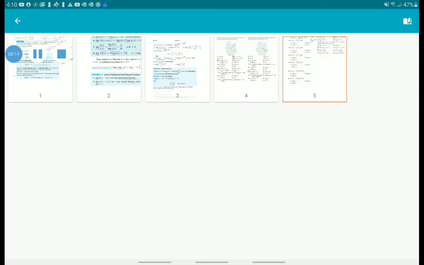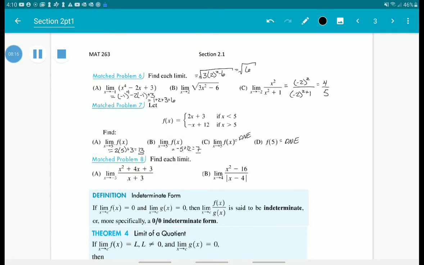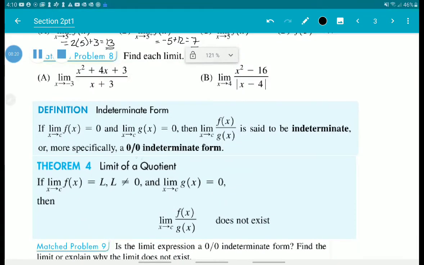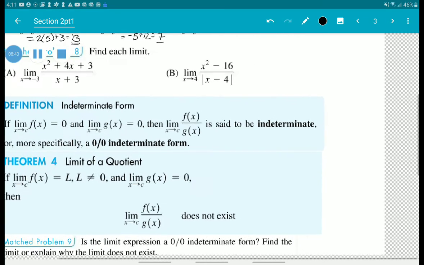Okay, but sometimes when we substitute in, we may end up getting something like 0 over 0, and that is called an indeterminate form. There's actually other forms that are also indeterminate, but we'll talk about those later in the course. So when you have an indeterminate form, what that means typically is that you need to look at, does that function reduce in any way?